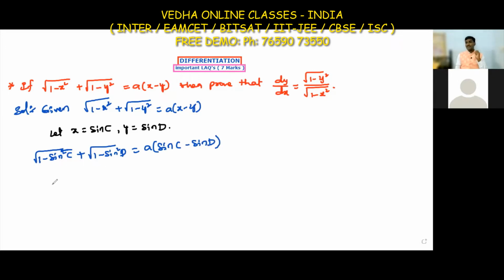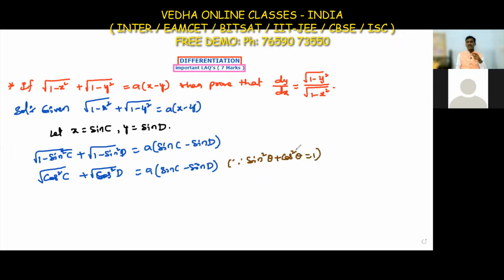Root of 1 minus sine square c, okay, so this is cos square c. So root of cos square c plus root of cos square d is equals to a into sine c minus sine d. Just written as it is. Here we applied the formula identity, that is sine square theta plus cos square theta is equals to 1.